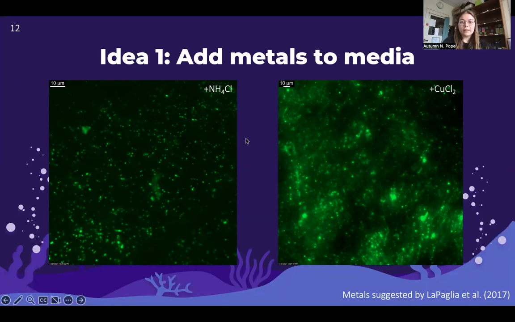So I added ammonium chloride and copper chloride to liquid seawater media to make different batches of media, and I filtered them and looked at them on slides. As we can see, with the ammonium chloride, it didn't seem like there was any biofilm production, but with the copper chloride, there are these stringy parts, this cloudy stuff.